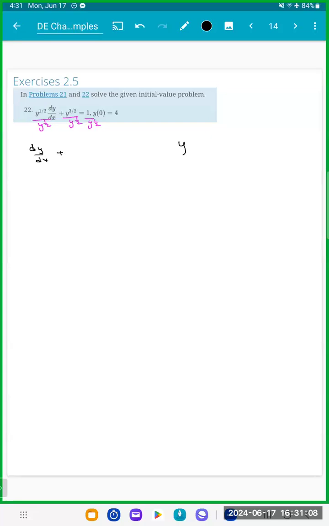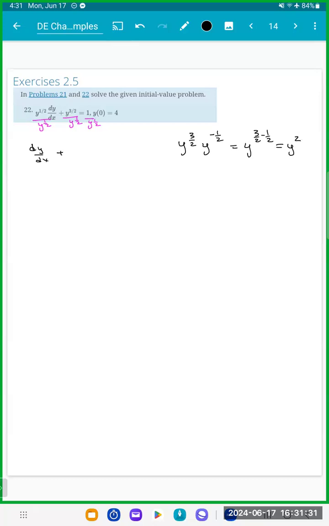if I have y to the 3/2 divided by y to the 1/2, remember rules of exponents, I can bring that up here and just change the sign. So that is the same as saying y to the 3/2 minus 1/2. So that is y squared.